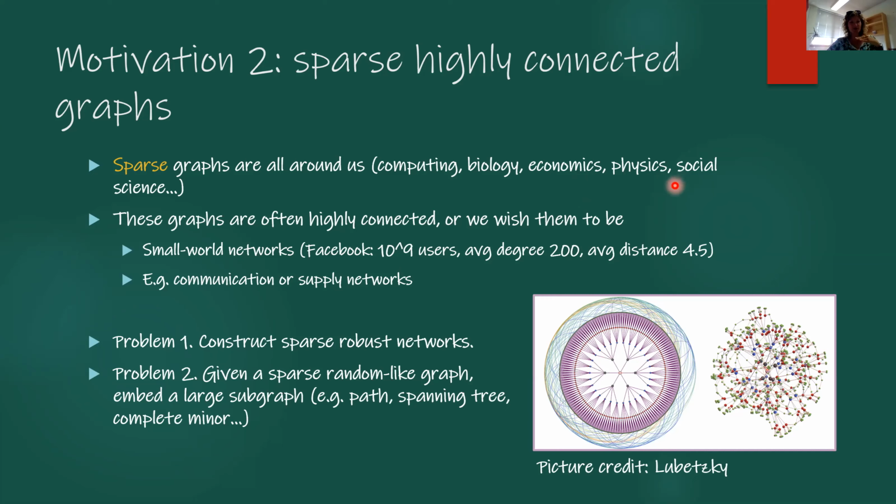So that's one property. But a kind of opposite property is that just organically, these networks often end up highly connected, or maybe we want them to be highly connected. And by that, we sometimes mean just small diameter, or maybe resilient against random attack or even enemy attack.